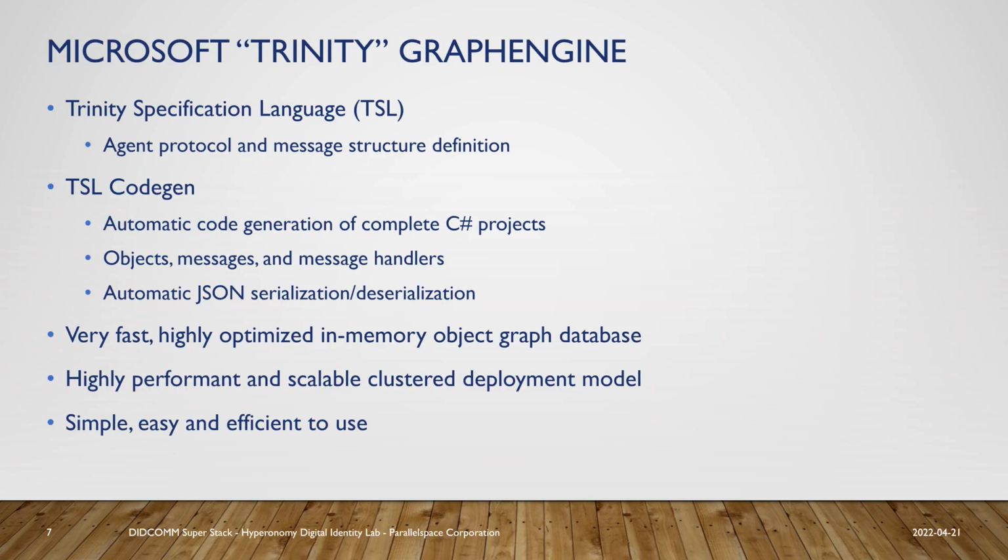The Microsoft Trinity Graph Engine uses something called the Trinity Specification Language, TSL, which is heavily used in the DIDCOMM Superstack. It's used for defining the agents, defining the protocols that the agents use, and the structure of all the messages, including the structure of all the structured credentials that form the payload of those messages.